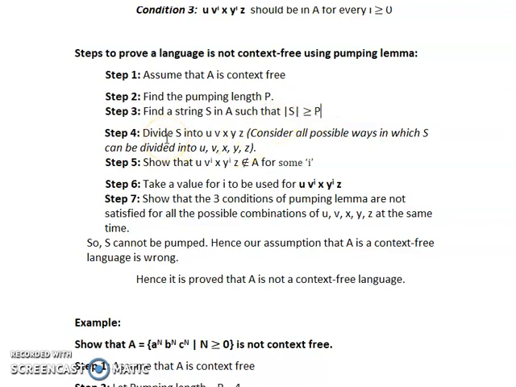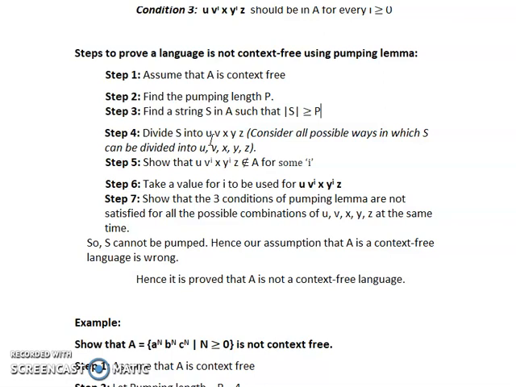After this, we have to divide the string into 5 parts, that is U, V, X, Y and Z. While dividing the string S into 5 parts, you should try to divide it in all the possible ways.